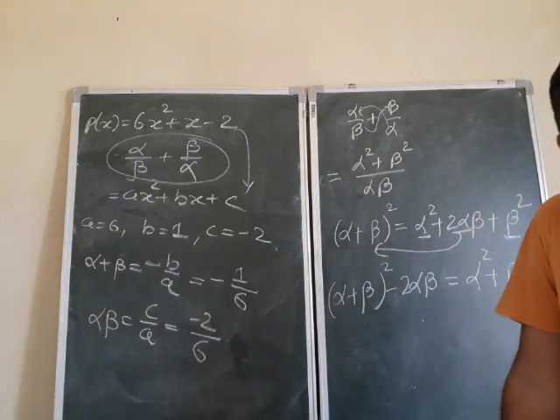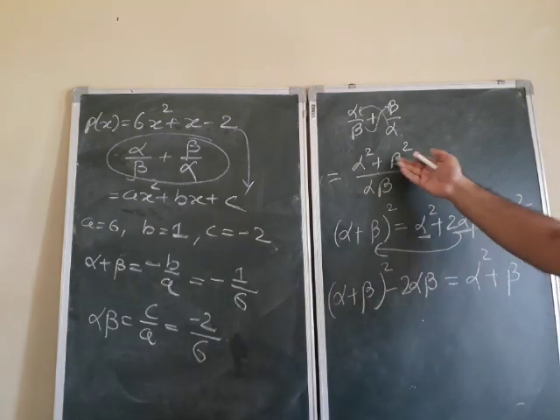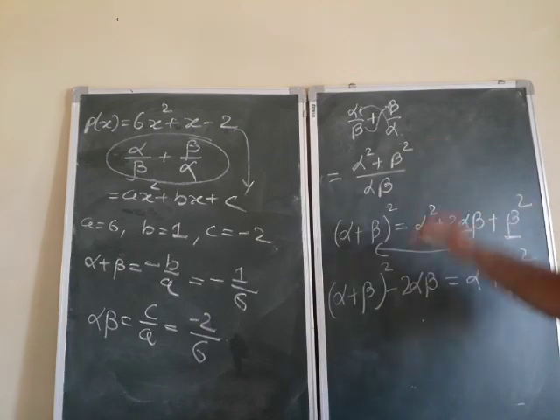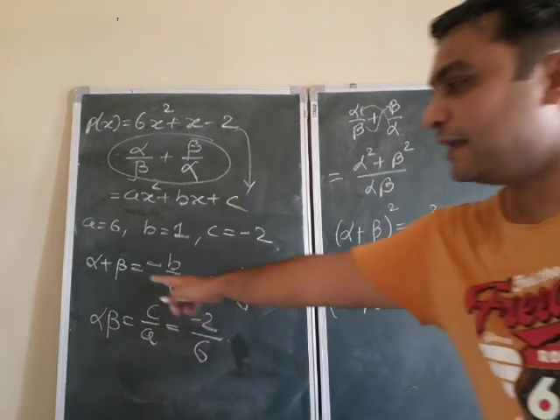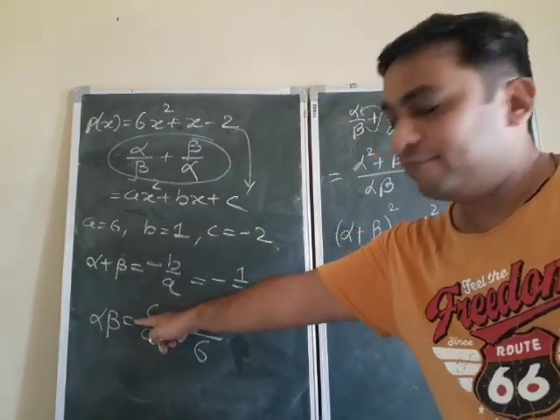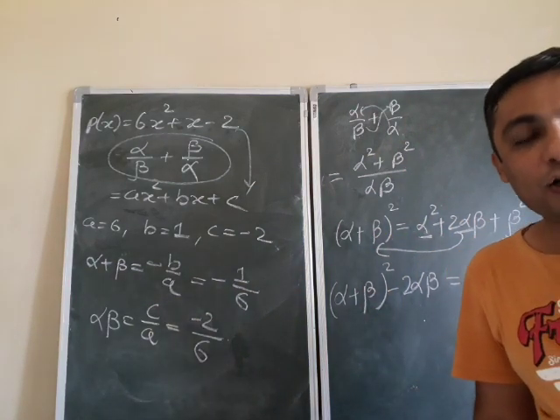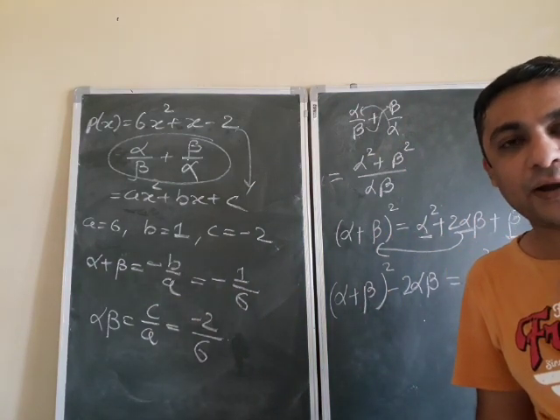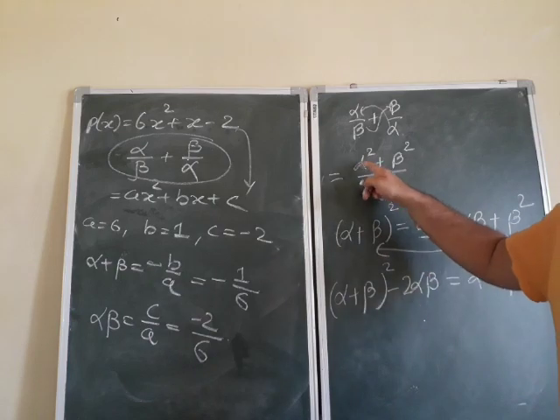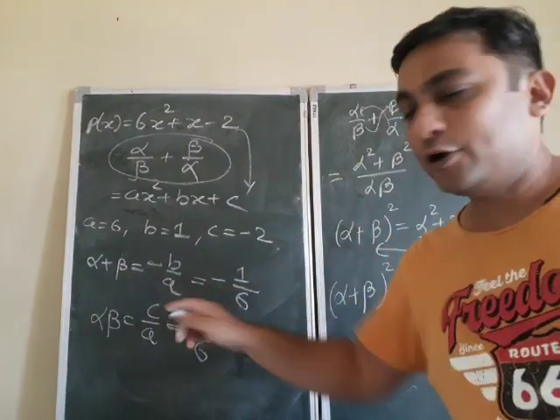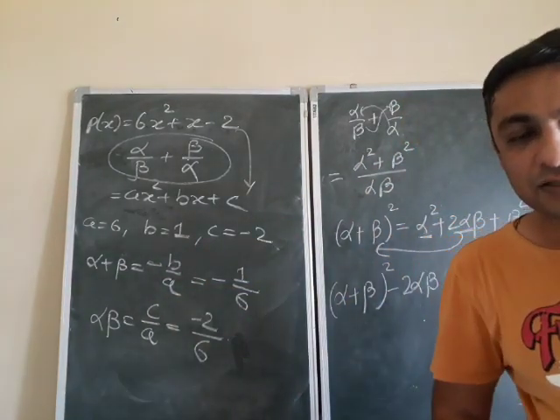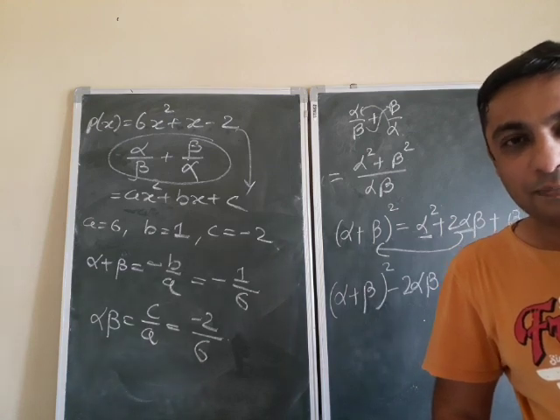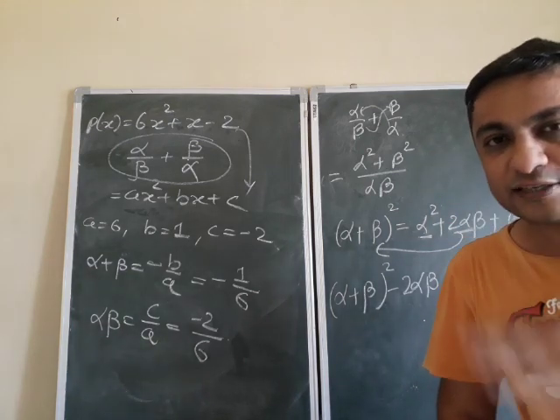अब आप लोग मुझे पूछेंगे और पूछना जरूरी है, सर इसे इसमें convert क्यों कर रहे हो? Why are you shifting to this? Because I have the value of alpha plus beta and I have the value of alpha into beta. I have two values, alpha plus beta and alpha into beta. But I don't have the value of alpha square plus beta square. Here I don't have alpha and beta. In the previous method we found alpha and beta and substituted them in their respective places.